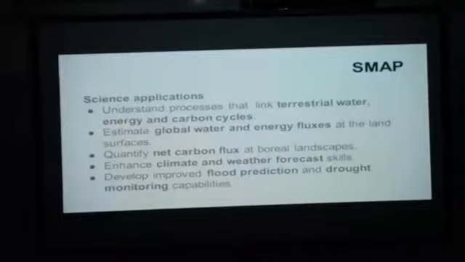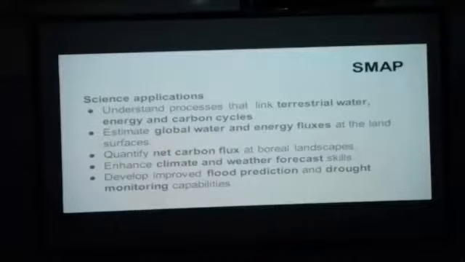Okay. So, what are the science applications of this new satellite? Well, it will try to help us understand processes linking terrestrial water, energy, and carbon cycles. We would like to have better estimates of global water and energy fluxes at the land surface. We would like to quantify the net carbon flux in the northern hemisphere and, obviously, enhance climate and weather forecast skills.